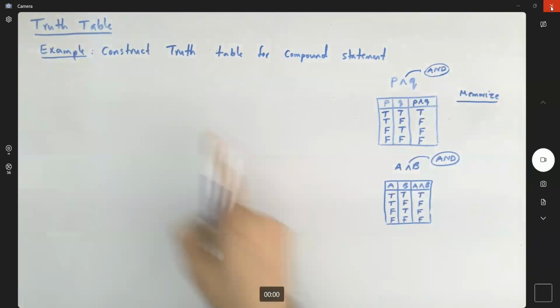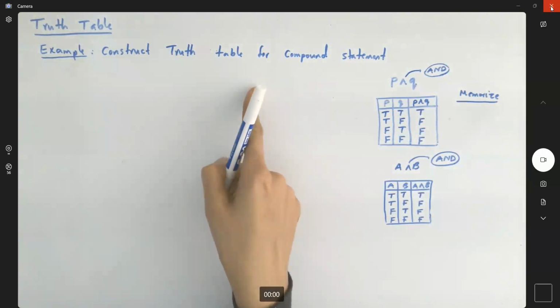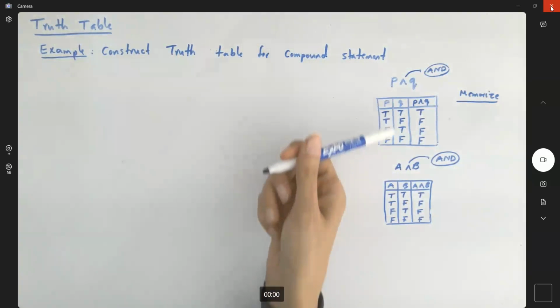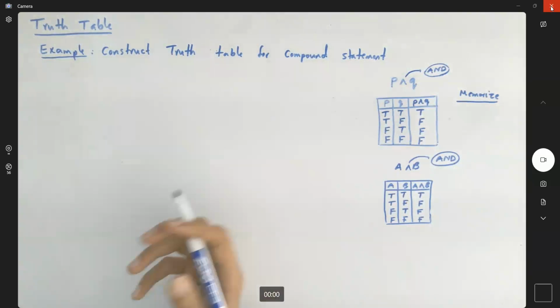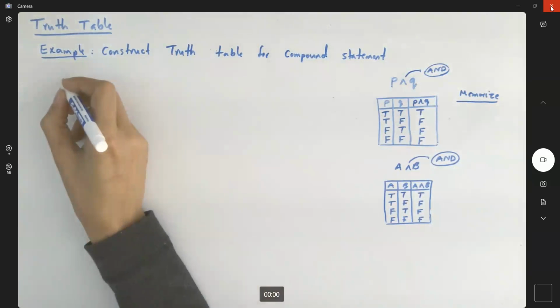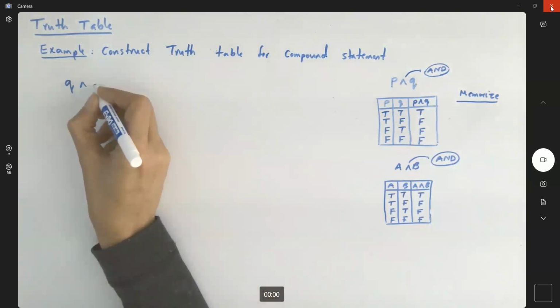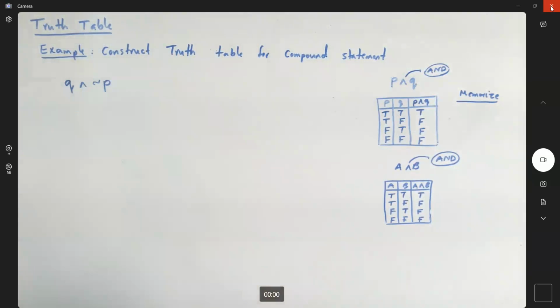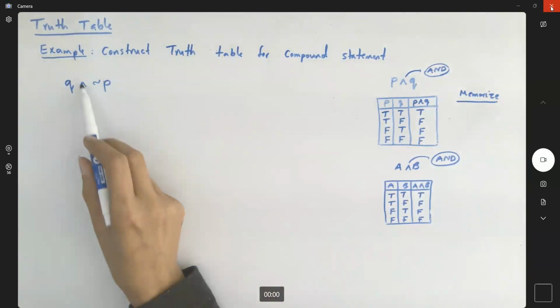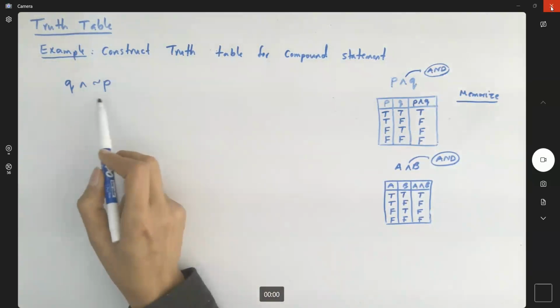Very good. So now let us make it more interesting. We know that P and Q has this table. Expect you to ask, what if I want to construct Q and not P? First of all, note that you have negation.